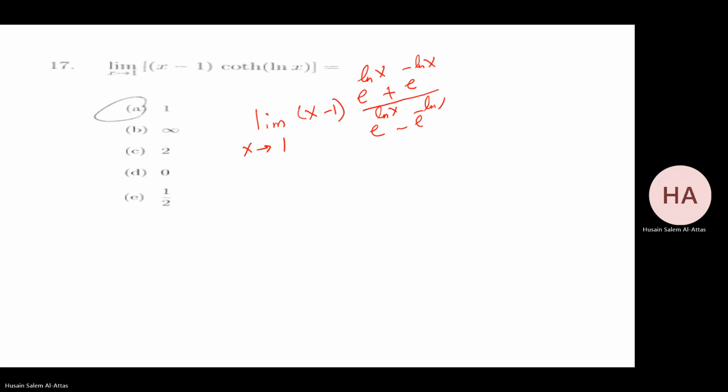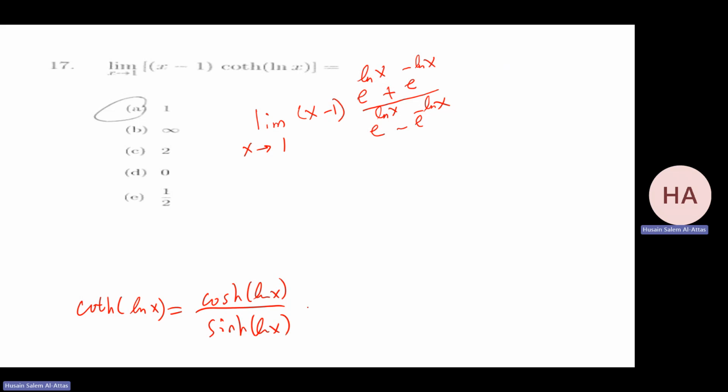We know that coth of ln x is cosh ln x over sinh ln x. And e to the ln x is x, so the 2 cancels and I'm getting this.